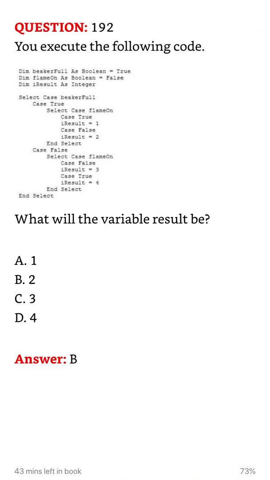If it's true, then the result is 1. If it's false, then the iResult is 2. Then if the case for the breakable is false, it's going to go into the case for the flameOn. What will the variable result be? It's going to be B, 2, because it will go into the breakable is true, and then go into the flameOn is false.